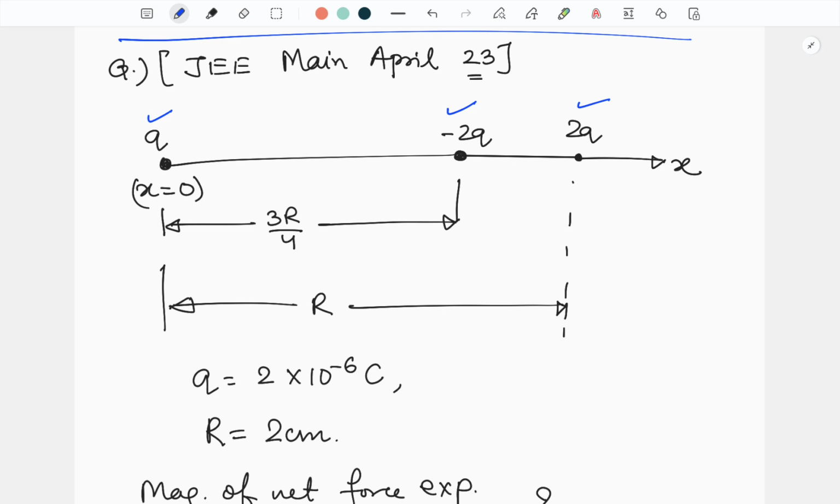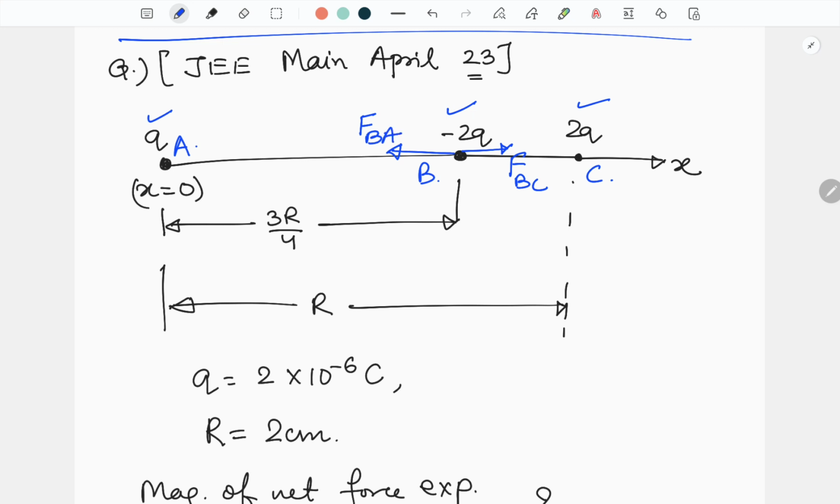Okay, so let us name these points as A, B, and C. The minus 2Q will get attracted toward 2Q with some force, calling it FBC, and minus 2Q will get attracted toward A or plus Q with a force, let us say FBA.